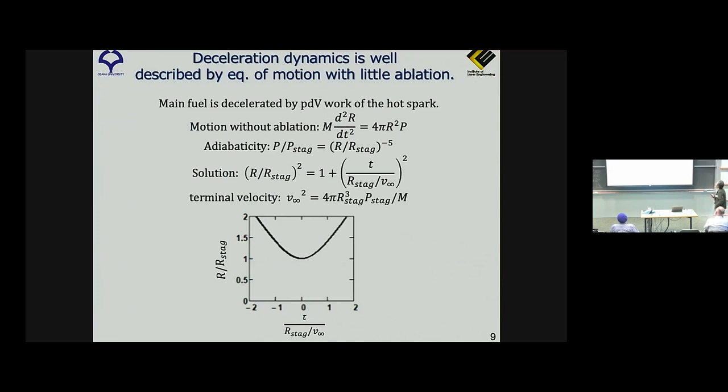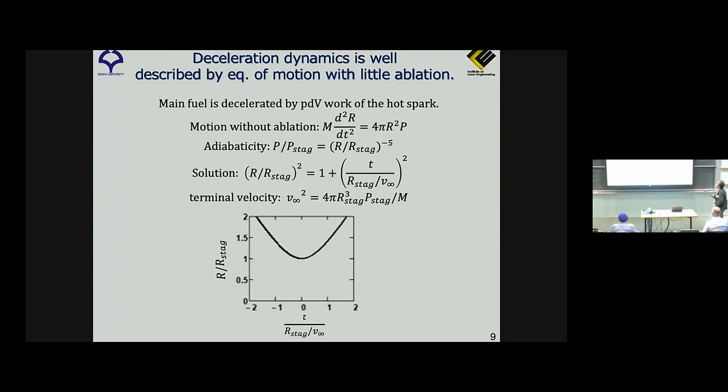The point is, since the hot spark is adiabatically compressed, the adiabaticity predicts the pressure is proportional to the volume to the gamma. That means the radius to the -5th. And with this given condition, the solution is a very simple one.